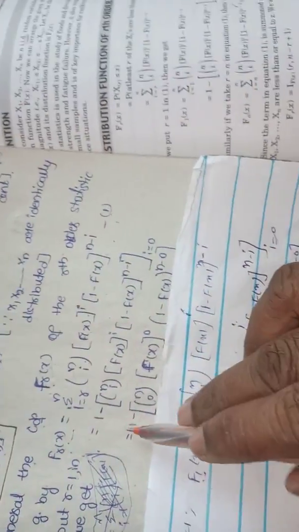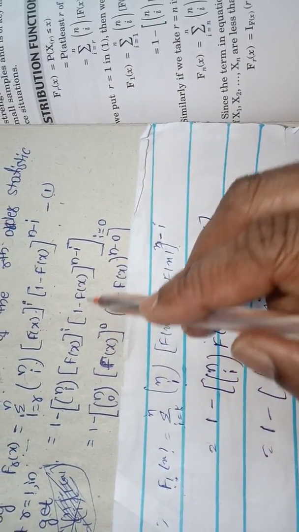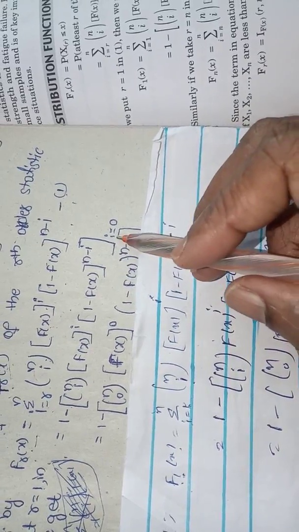In the next step you directly write 1 minus nCi F(x) whole power i times (1 minus F(x)) whole power n minus i, for i equals 0.